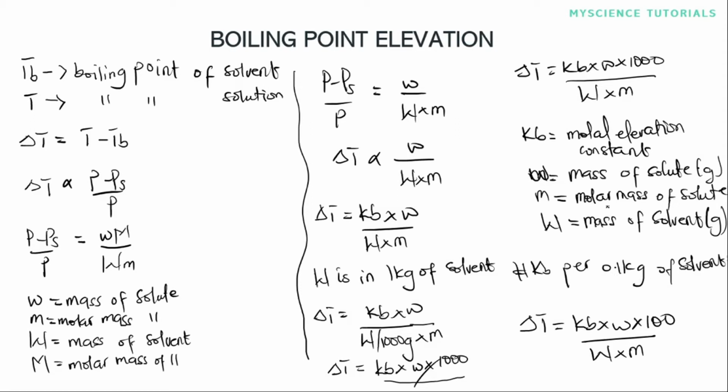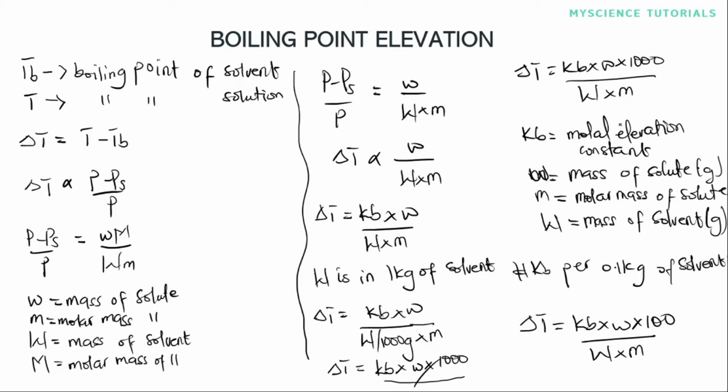But when the question does not stipulate whether Kb or the solute has been dissolved in any gram of the solvent at all, the standard way to go is to assume the solute was dissolved in 1 kilogram of the solvent, and then we use 1000. But when the question says 0.1 kilogram, we use 100 in the formula.